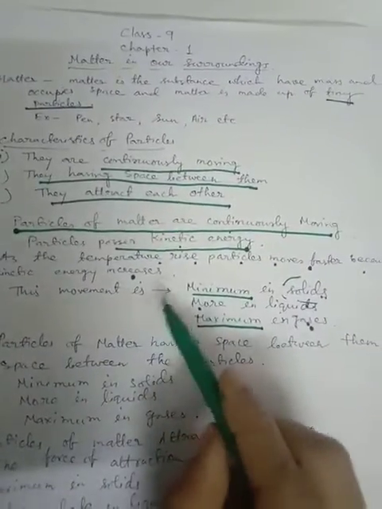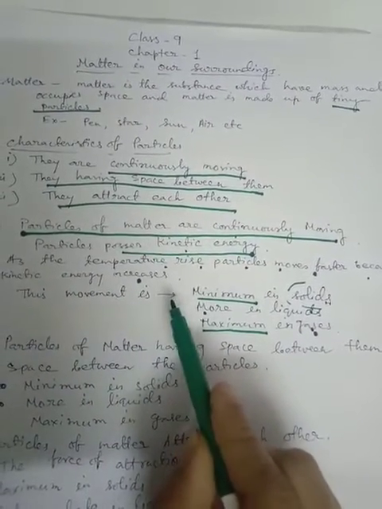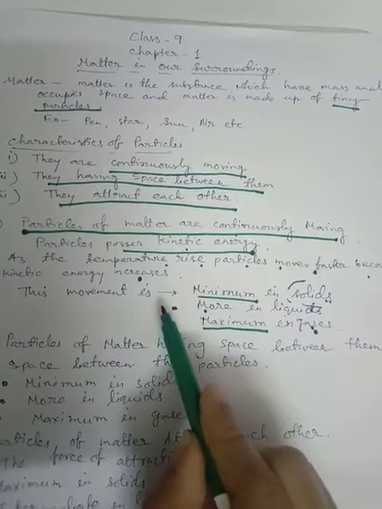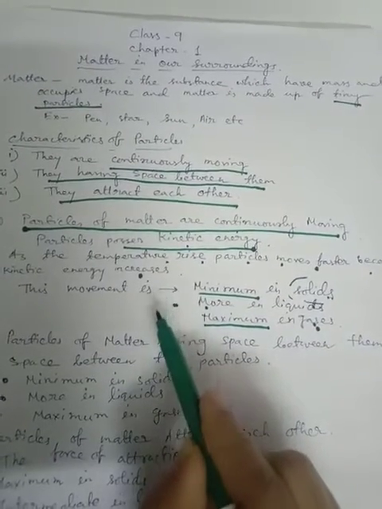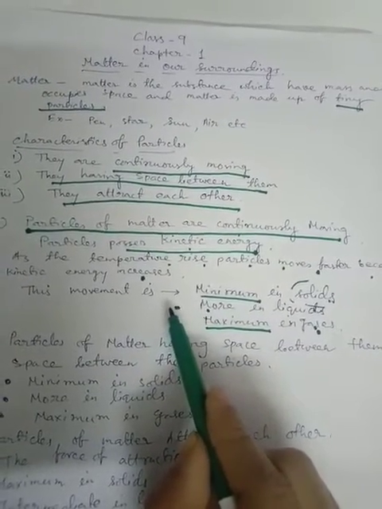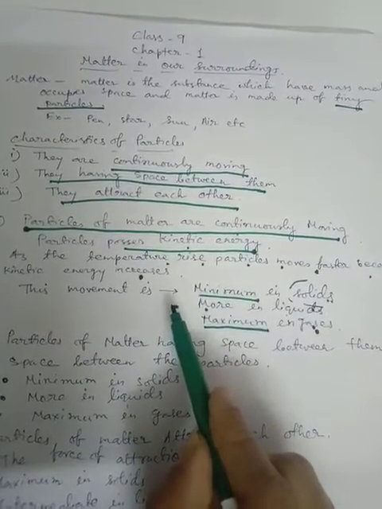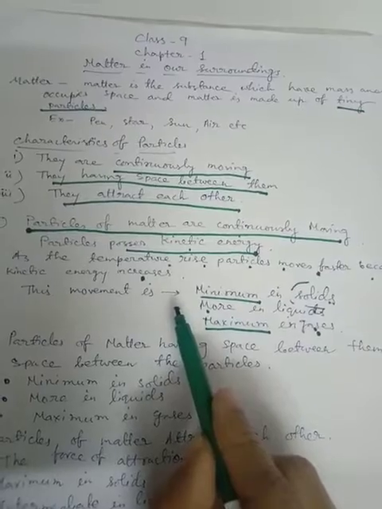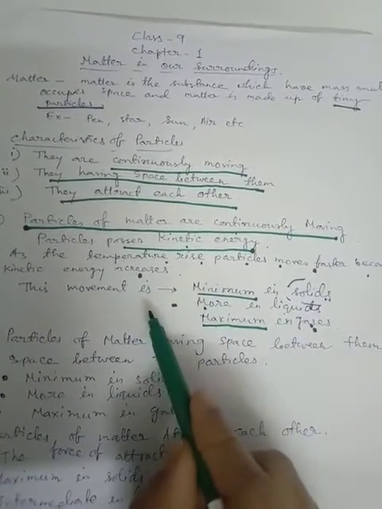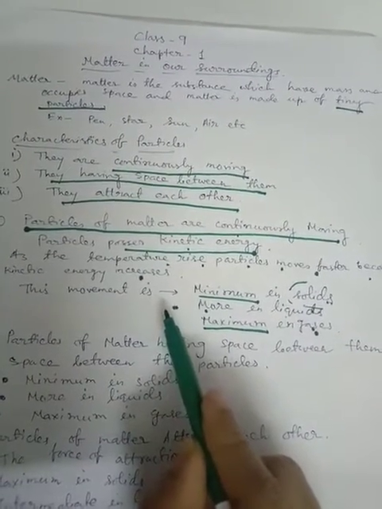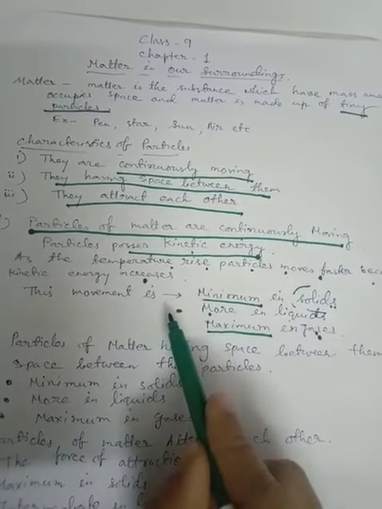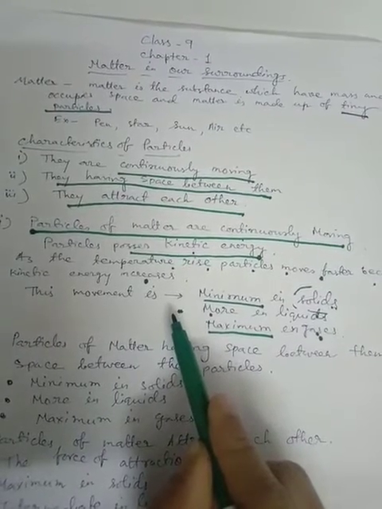Now I'll just give you an example. Suppose you light an incense stick, agarbatti, and keep the agarbatti at the corner of the room. First you will get the smell of that agarbatti at that corner of the room. But as time passes, you will get the smell from any corner of the room.